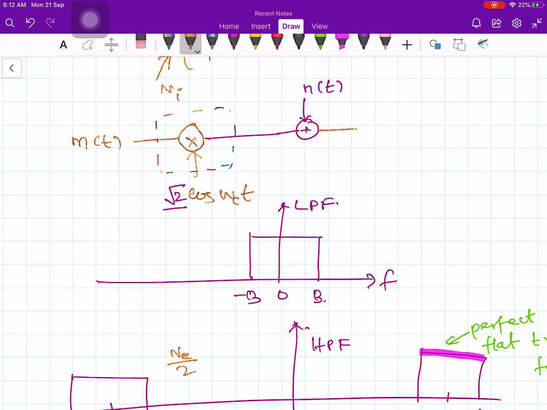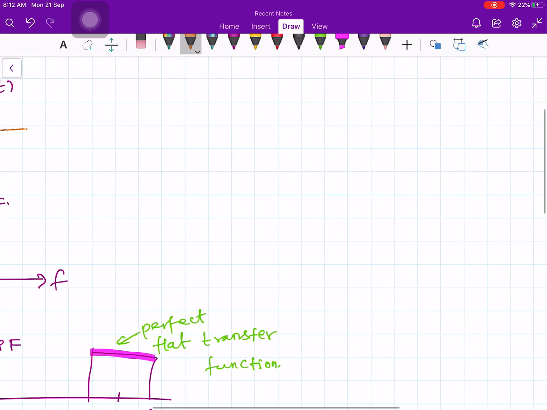Now let us talk about the receiver. The receiver will have a band pass filter centered around Fc. Why do we need a band pass filter again? There are two things we need to understand here. The channel is also modeled as an ideal band pass filter, and in the receiver also we have a band pass filter. What is the reason? Because if you take FM transmission, the frequency range will be 88 to 108 megahertz.